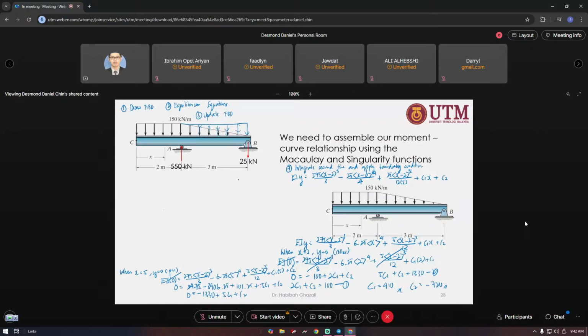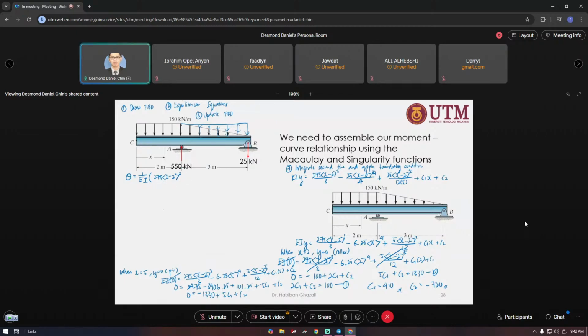Okay. So my final equation will be EI theta, for theta equals to 1 over EI bracket, what is it? 275 x minus 2 square, right?